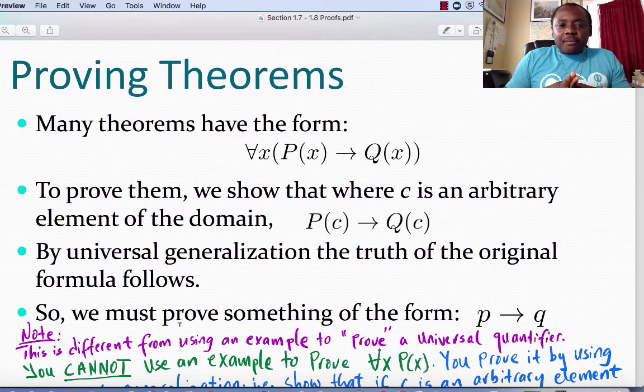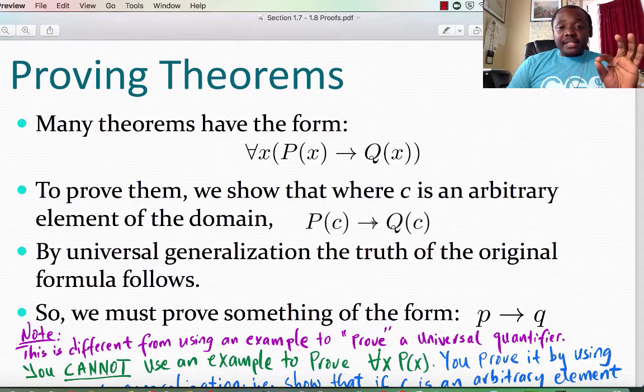As mentioned before, many theorems have the form for every X in the domain, P of X implies Q of X, universal quantifier. To prove them, we show that where C is an arbitrary element of the domain, P of C implies Q of C. Now, note very carefully that we are not using an example to prove a universal quantifier.